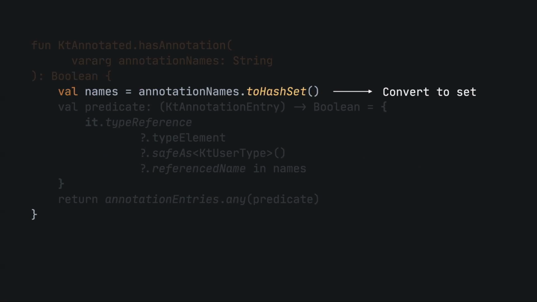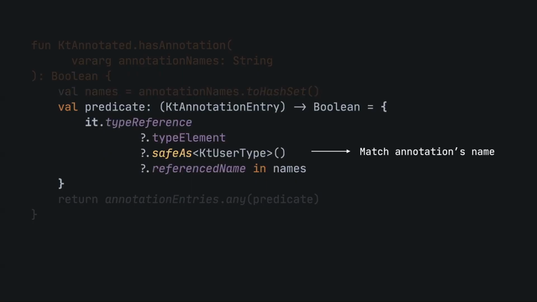Then I define a predicate, a lambda. It gets the current annotations on the function. The it.typeReference will give me all the different existing annotations that exist in there. With the reference name, I can get the current name of the annotation and match whether it is what I want. That is what this predicate is doing.